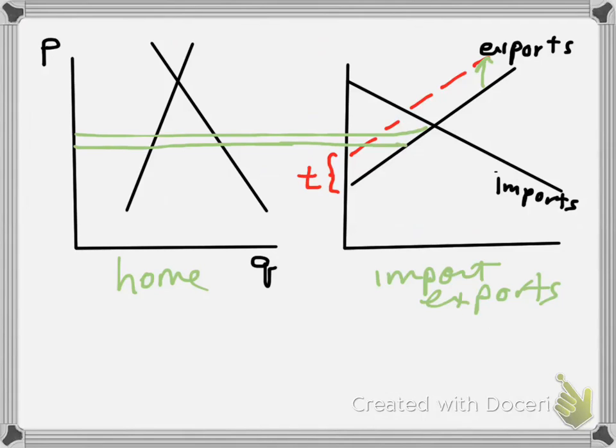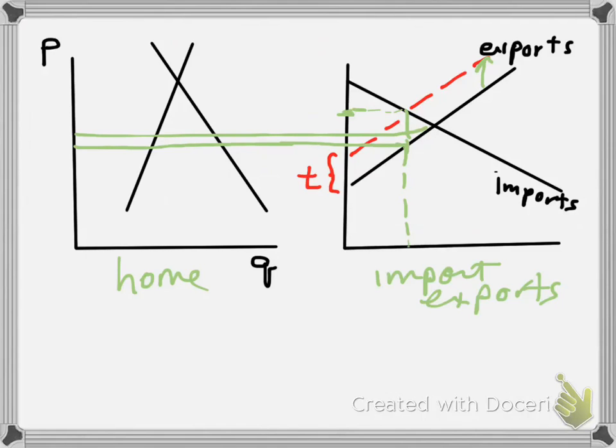And at this world price, now, the export supply would be this much. Importers, we add the tariff here. The consumers face that price, and now we find that the demand for imports is exactly equal to the supply of exports, and so we are now in equilibrium.